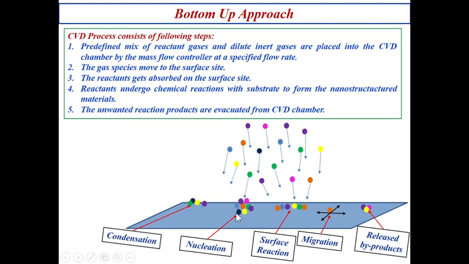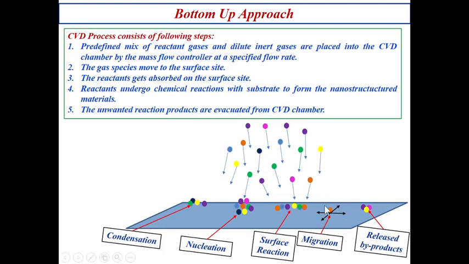This is called the starting of nucleation, the formation of clusters. And the molecules which could not form clusters will move or migrate on this surface. Other atoms and molecules react with each other and form some other unwanted products.